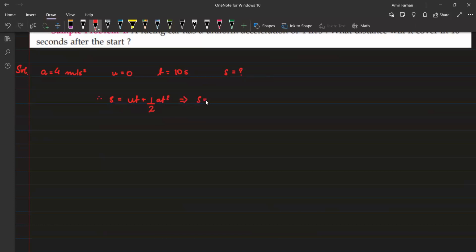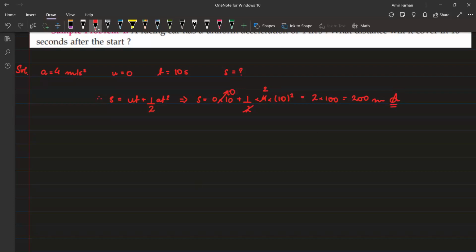So S we need to calculate. u is 0, so u into 10, plus half, acceleration is 4, into 10 square. So the u term will become 0, and the half and 4 will cancel to give 2 into 100, which is equal to 200 meter. So 200 meter is the answer that is coming.